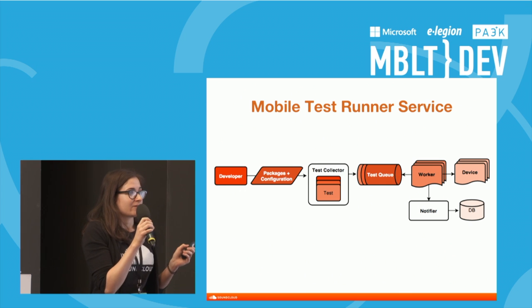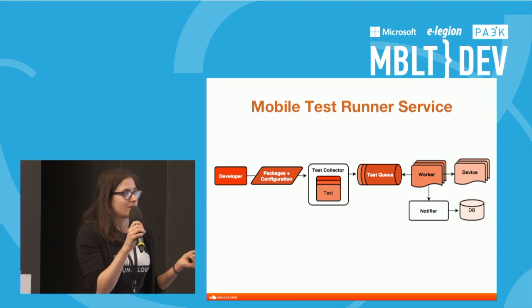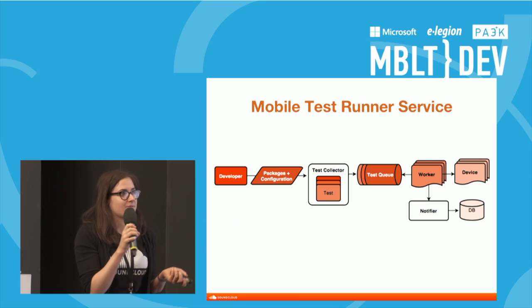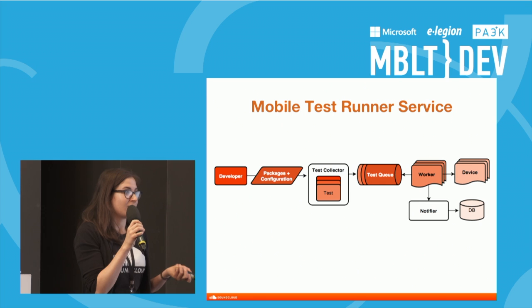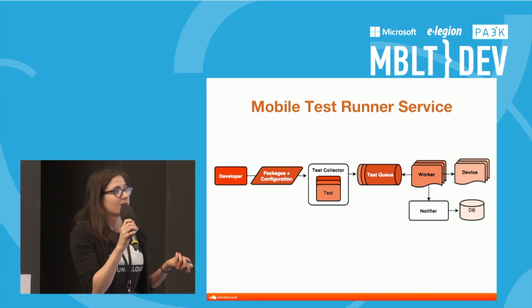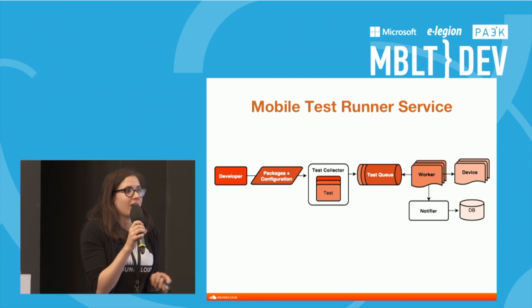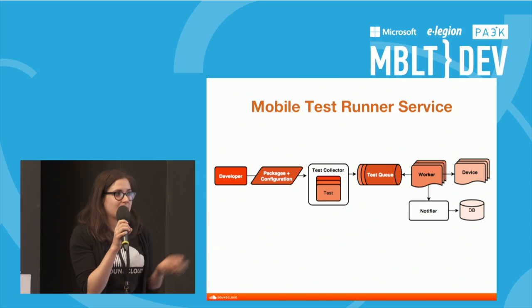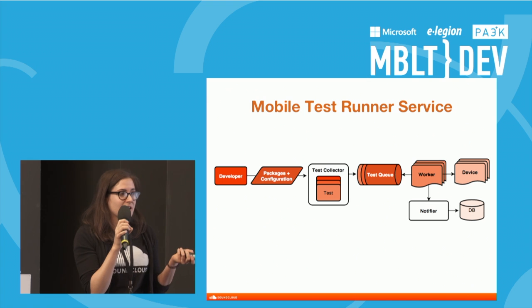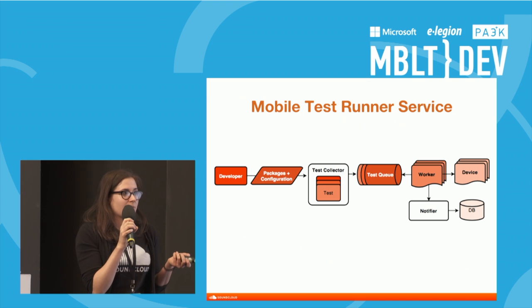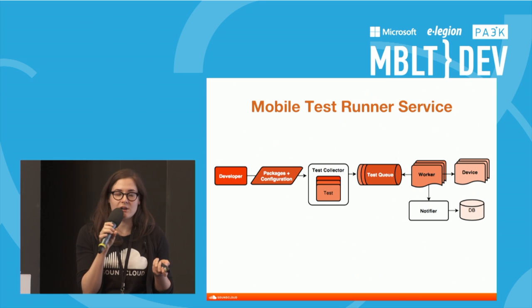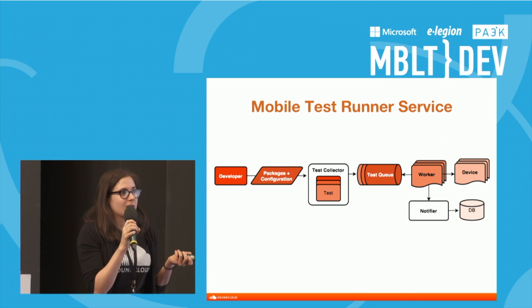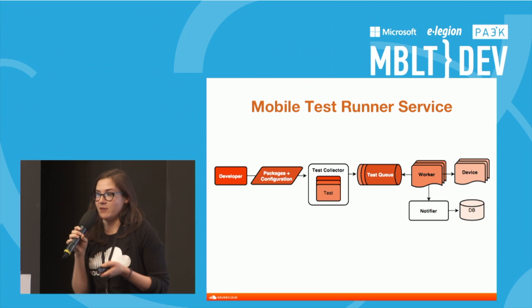This gets passed to a test collector, which figures out which tests to run based off of the packages and the configuration, and then places the tests into a test queue. Meanwhile, all of the devices that we have are assigned in a one-to-one relationship with a worker, and the worker will poll the test queue for a test whenever it's available to run one. And then it manages the device.